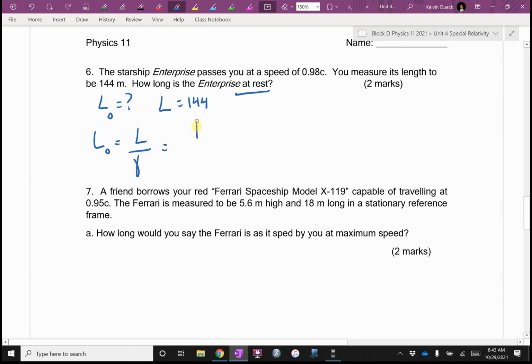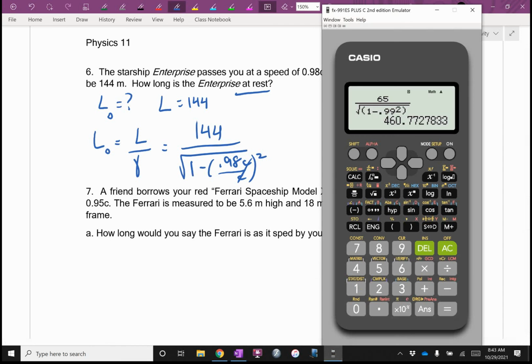It's going to be 144 divided by, I keep calling it the square root thingy. It's really the Lorentz factor, so I should use the fancy name because I'm a nerd. So it's going to be 144 divided by, I could use my fraction button, the square root of bracket 1 minus 0.98 squared, close off the bracket.